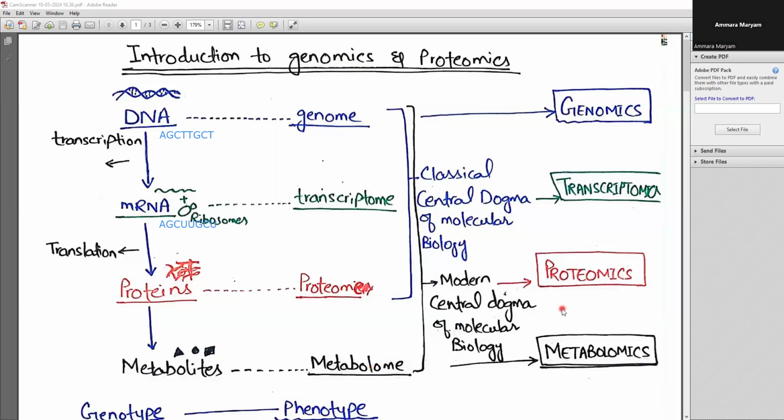Genomics is the study of genomes. Transcriptomics is the complete study of the transcriptome, having their RNA, their transcript profiles. Proteomics is the complete study of the proteomes, including their protein expression profiles, and metabolomics is the study of the whole metabolic processes, the whole metabolome.